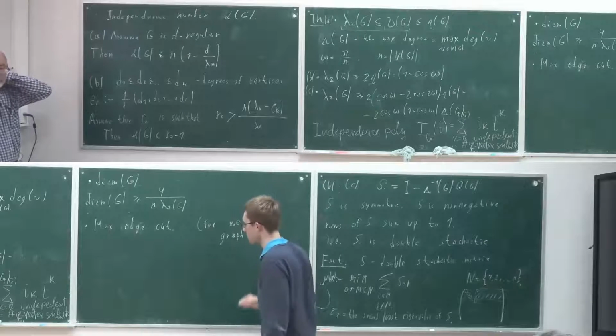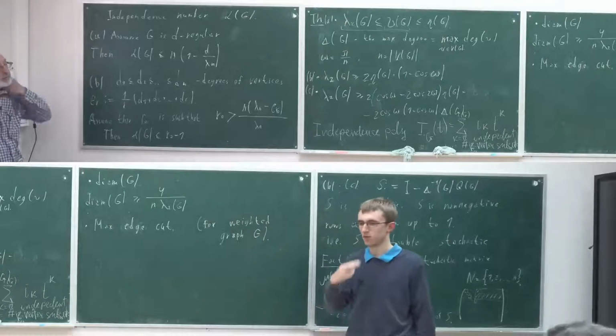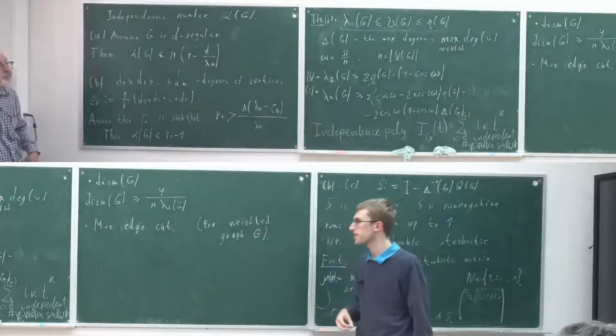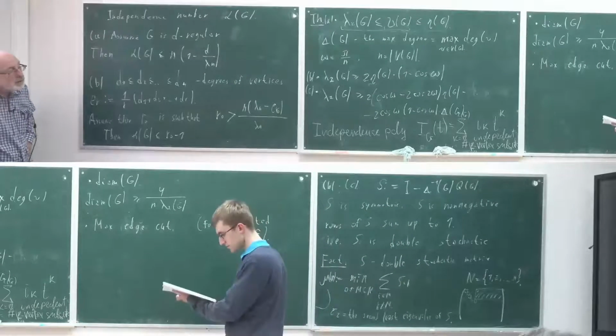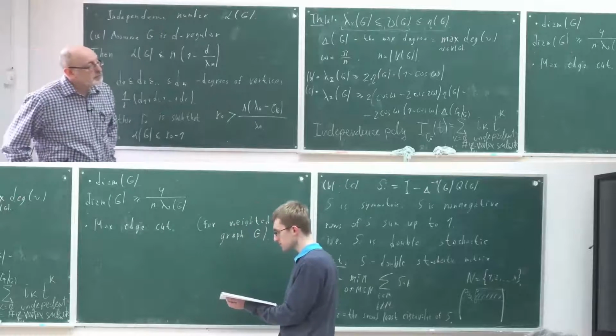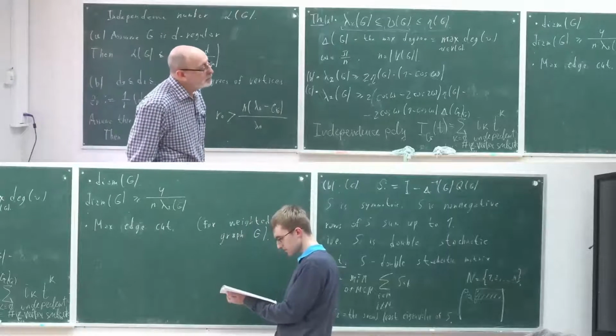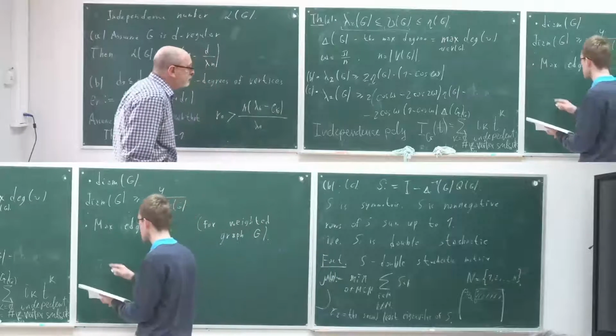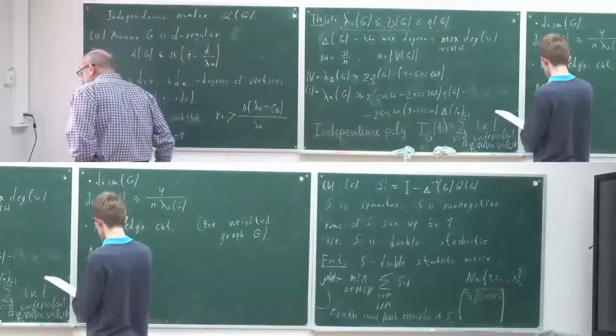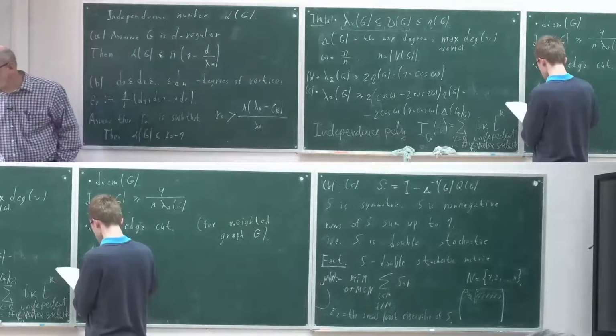So just for any pair of edges, we have some weight of the edge between them. And we can consider some edge cuts, and the result is the following.